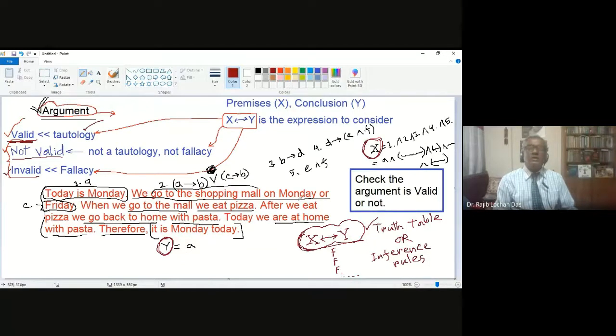Say in this example, how many variables do you have? You have A, B, C, D, E, F. So 6 variables. If you have 6 variables in the argument, how many lines do you need in the truth table?